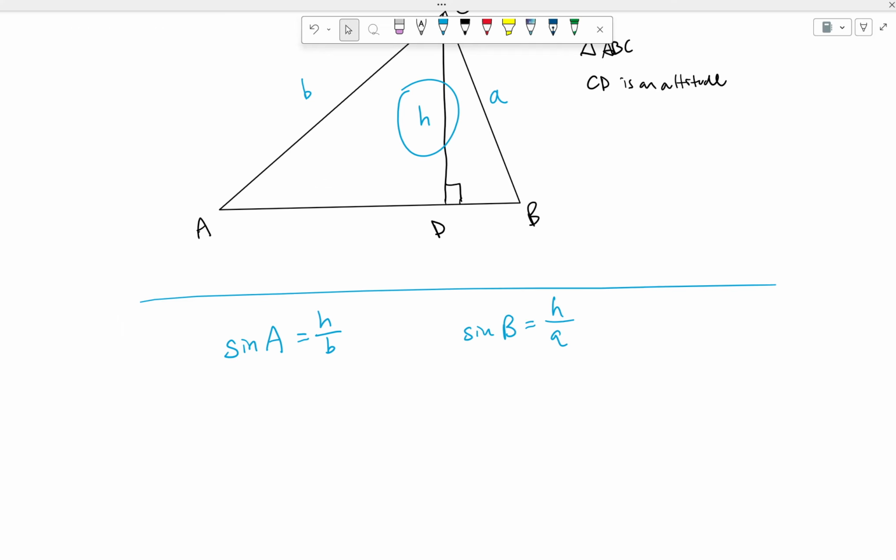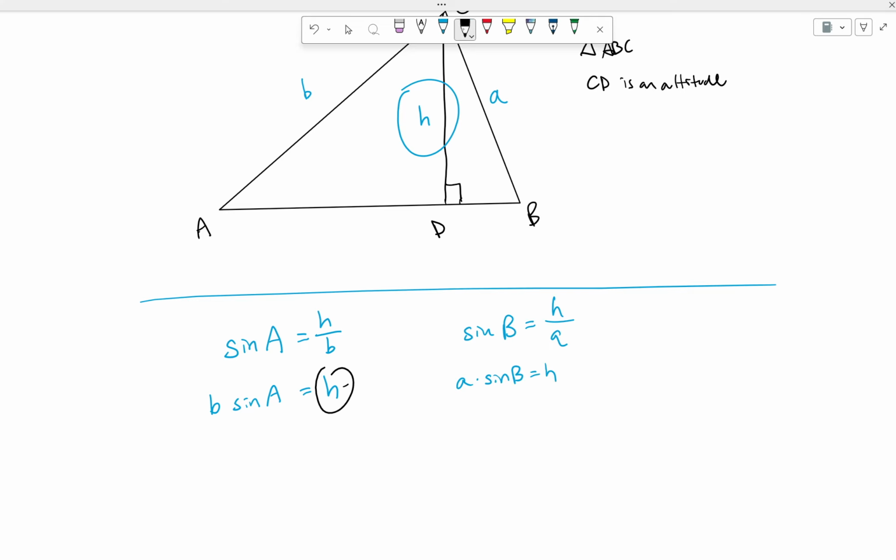So I'm going to rewrite this: b times the sine of A is equal to h, if I multiply both sides by b. And the same thing happens on the other side, where I have a times the sine of B equal to h.